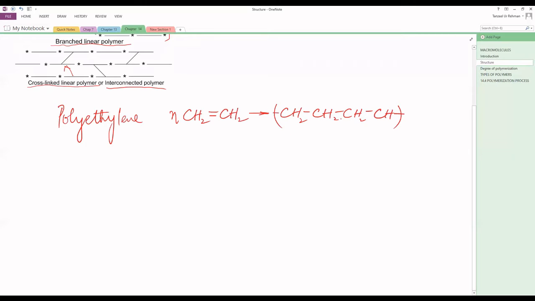And this continues, and which unit is being repeated? CH2, CH2, and so on. And number of this repeating unit is known as degree of polymerization.